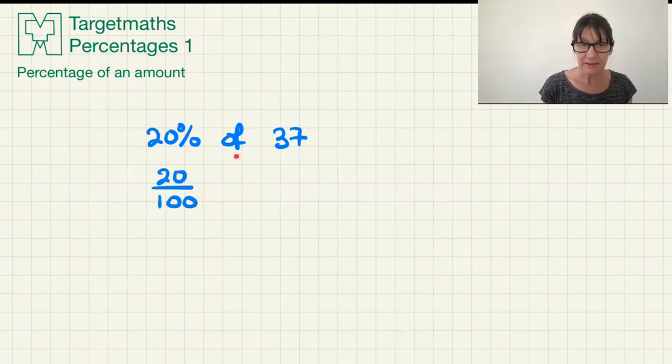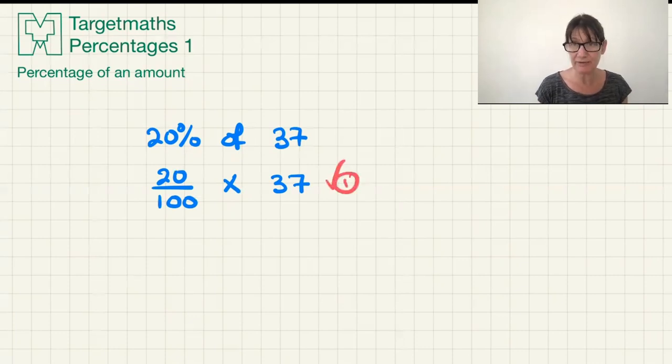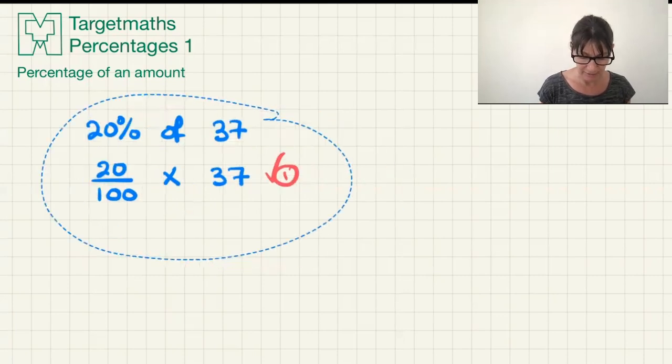Of, in maths, means times, so I'll write times, and then I've got my 37. Just writing that down can get you a mark. You haven't even done any maths yet and you've picked up a mark. It's really great.